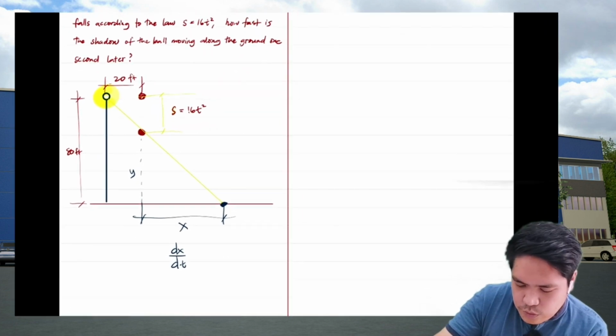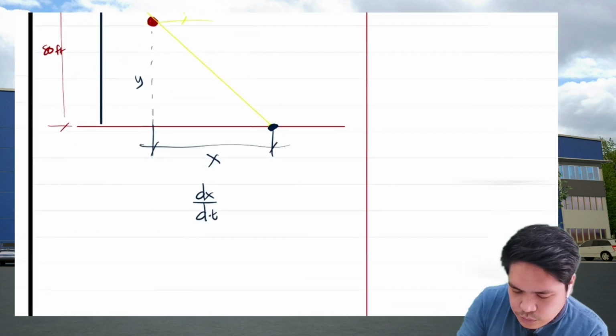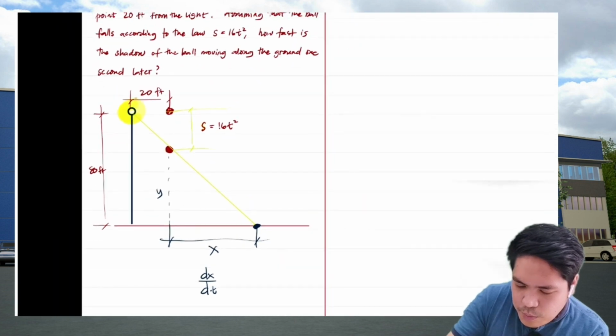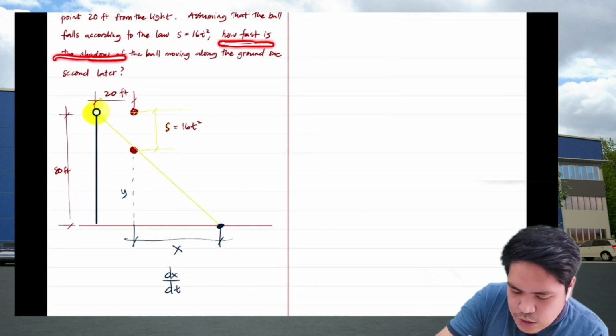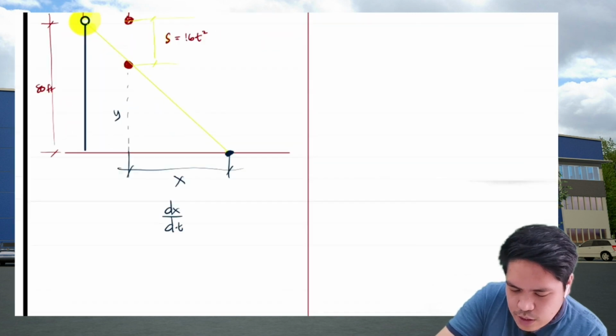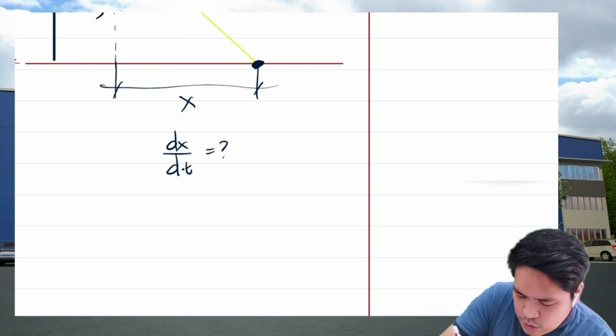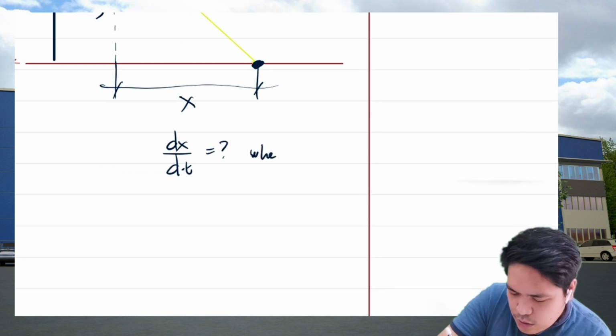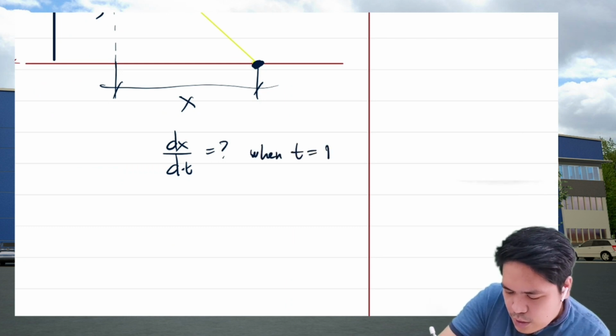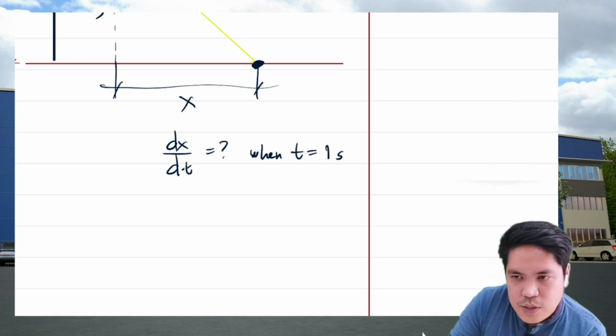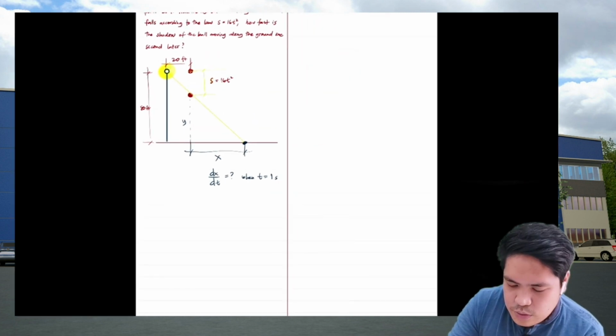So how do we get the formula now? There is another condition. What would be dx over dt 1 second later? So we are looking for dx over dt when t is equal to 1 second.